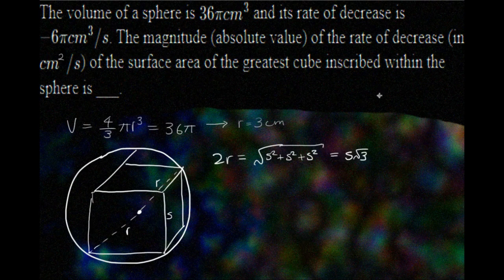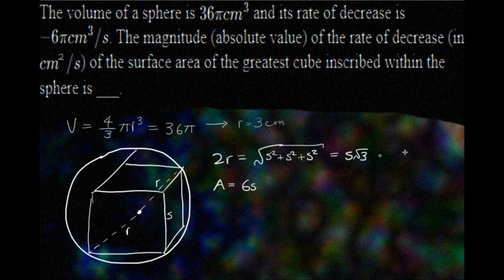What do we want to find? And another thing to note is the rate of decrease, which we will use very shortly. Until then, we need to find the rate of decrease of the surface area of the greatest cube, where you've got 2r equals s root 3. So the surface area, which I'll call A, is just going to be 6s squared.